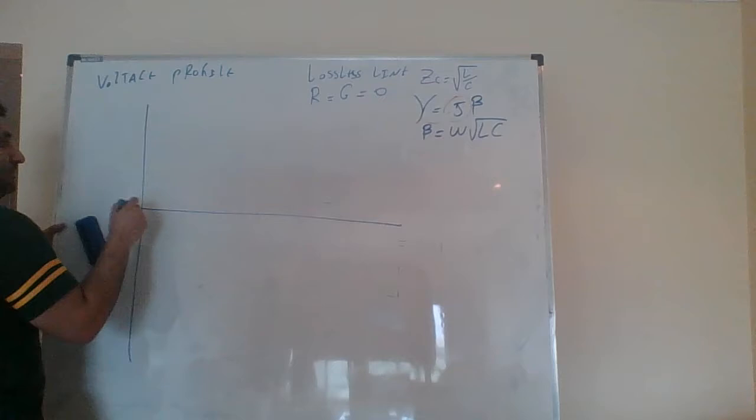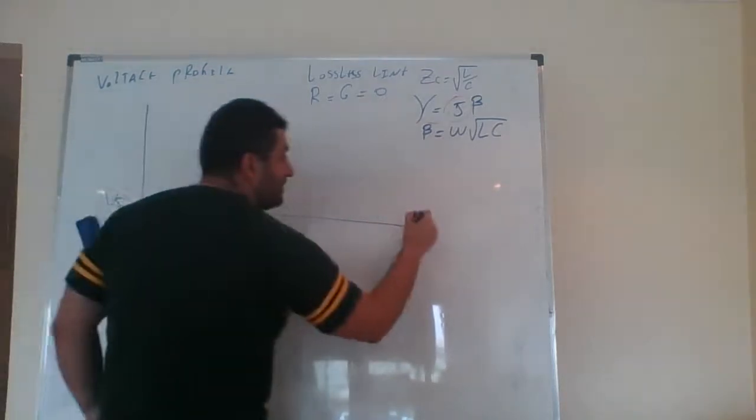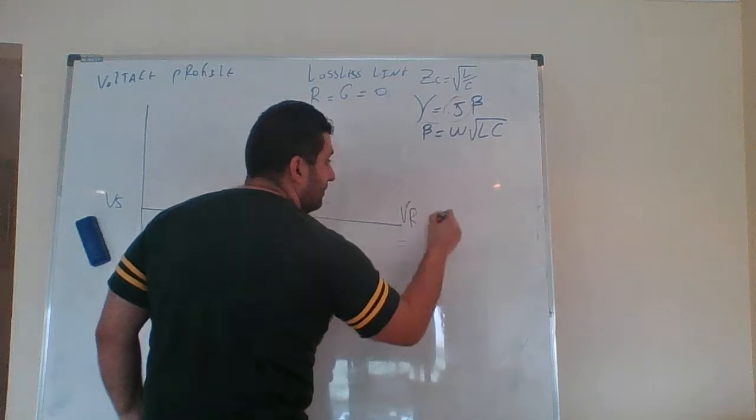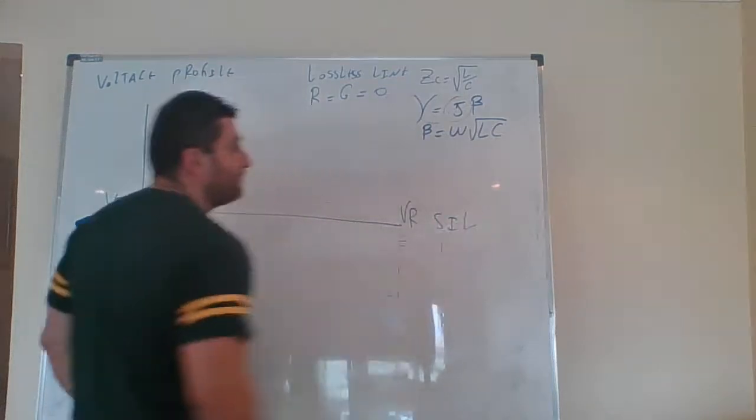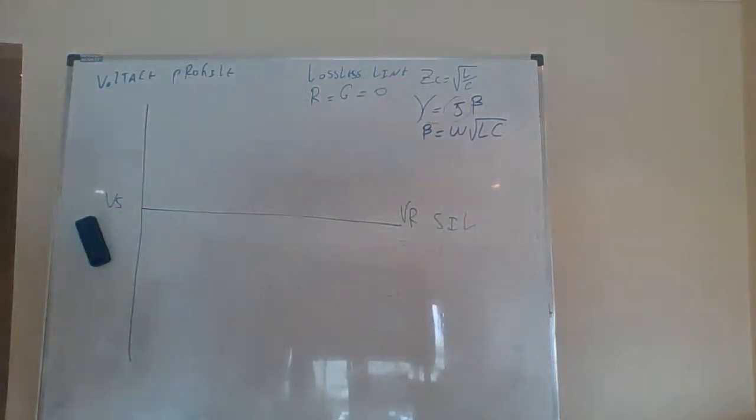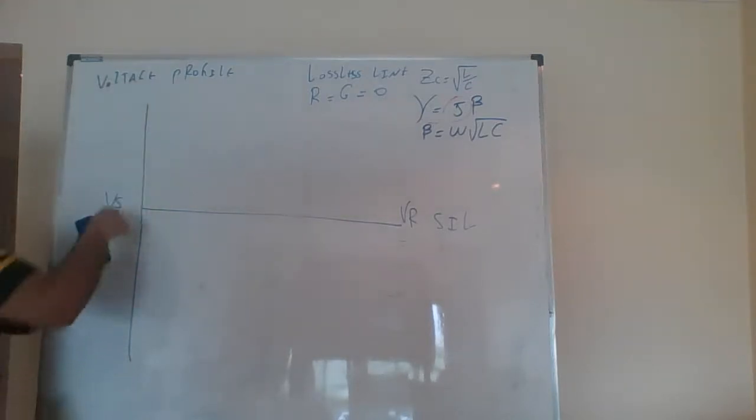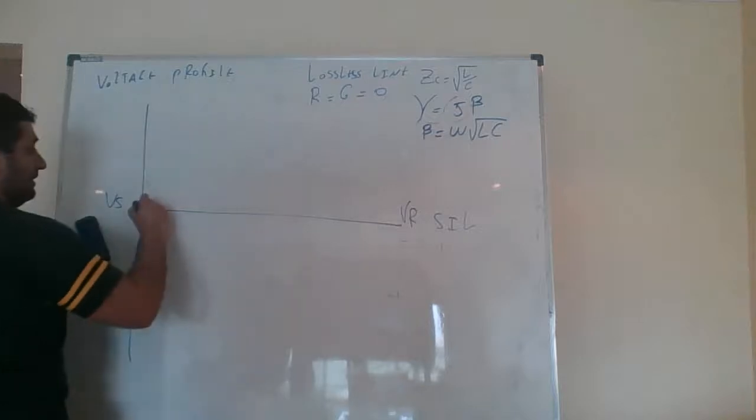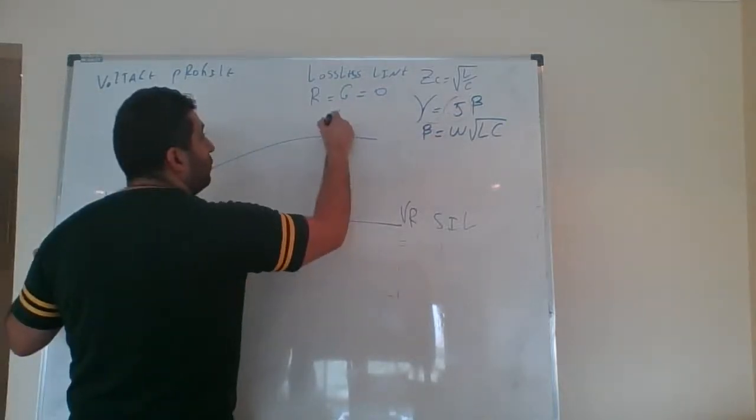This is the sending voltage, Vs. This is Vr under surge impedance loading. Vs will be equal to Vr. See, this is a voltage level. Vs is equal to Vr. This will be under no load.